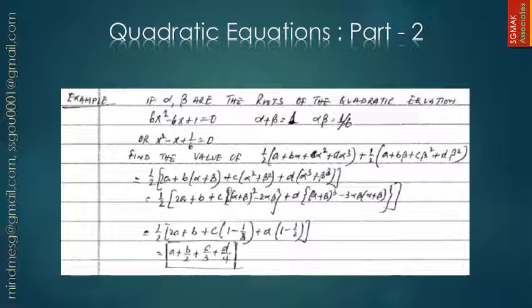Through manipulation, it comes out to be b times alpha plus beta, c times alpha squared beta squared, d times alpha cubed beta cubed, and then the values of alpha plus beta and alpha beta are used. This number comes out to be a plus b over 2 plus c over 3 plus d over 4.